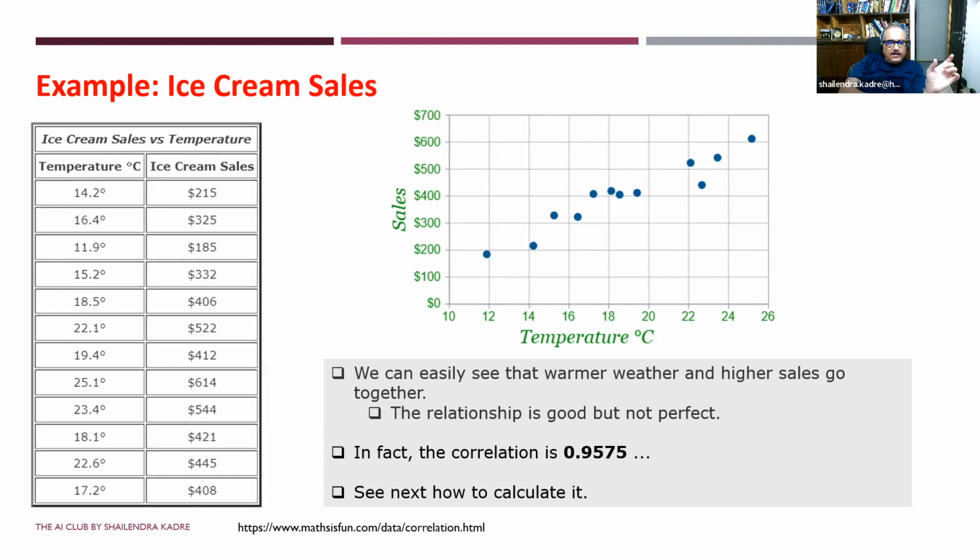At 11.9, you need a nice sweater, because it's cold. And 25.1 is hot. Woolen is not required, simply a small cotton shirt is okay. So for this range, we can always compute the range, maximum minus minimum. We can measure variance. We can measure standard deviation. But that is not the topic I want to talk about right now.